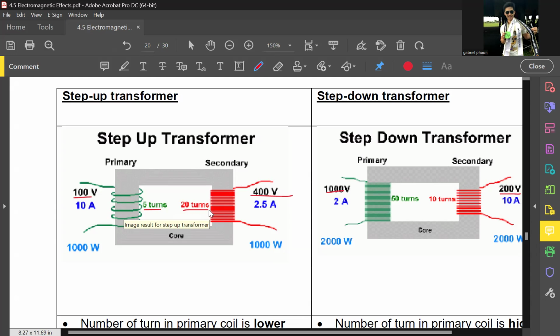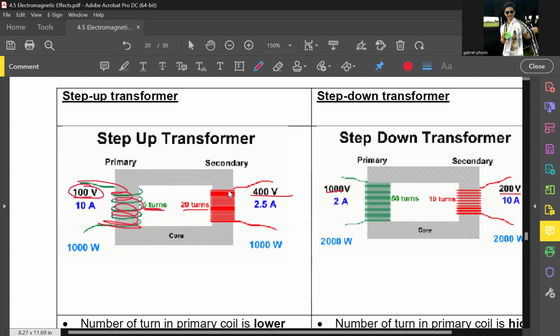What's going to happen with the LED here? It will barely light up. Why? Because I'm cutting the magnetic field with the coils. The same applies here as well. Let's say I have 5 turns initially, and then I pump 100 volts in here. The magnetic field is going to be produced here.